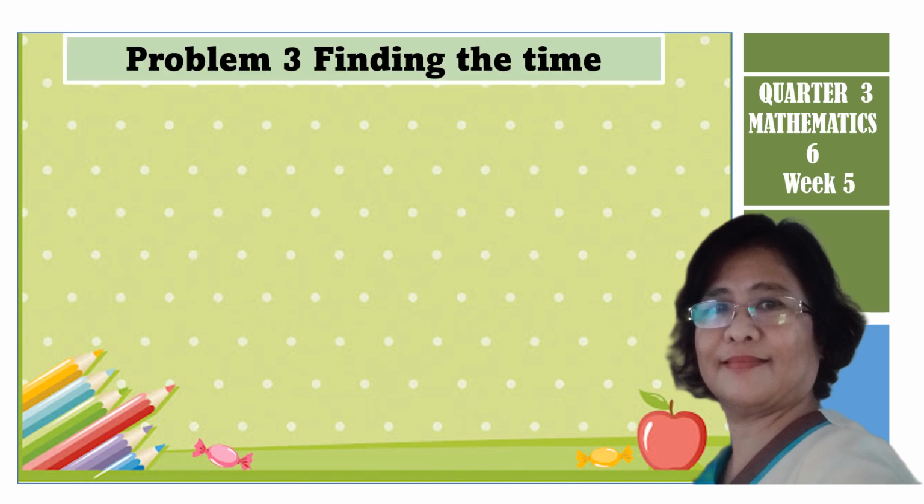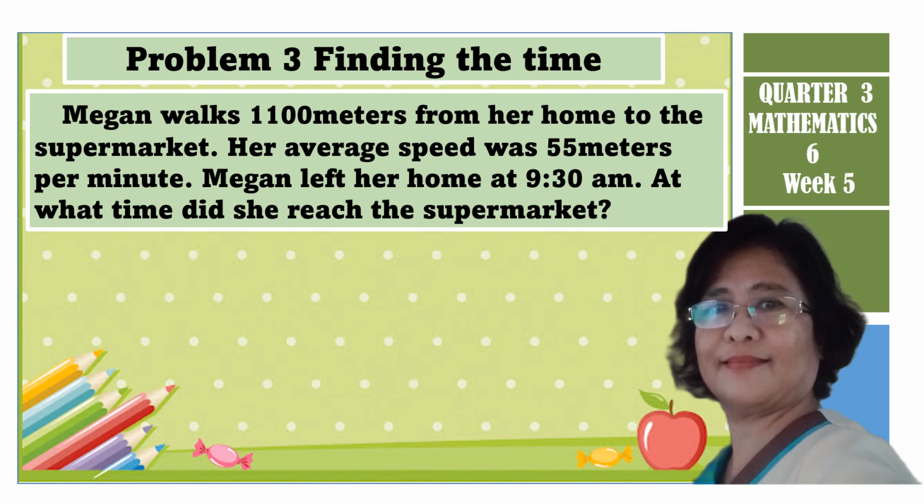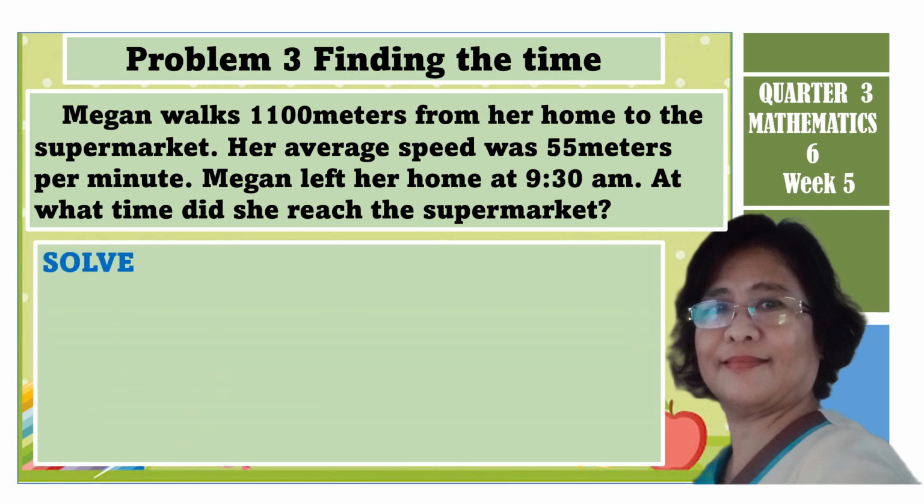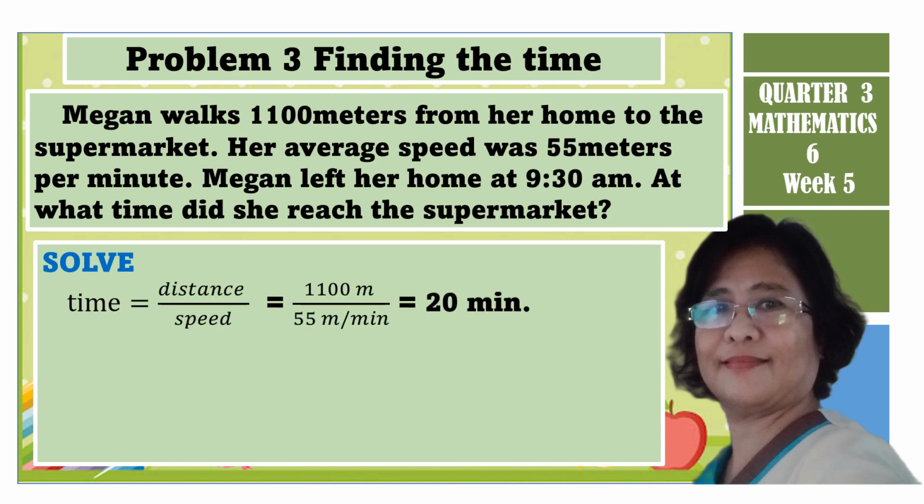Let us now solve the problem. Following our plan from a while ago, let us find the time taken by Megan from home to the supermarket using the formula for time, which is distance over the speed. The distance from home to the supermarket is 1,100 meters divided by 55 meters per minute.